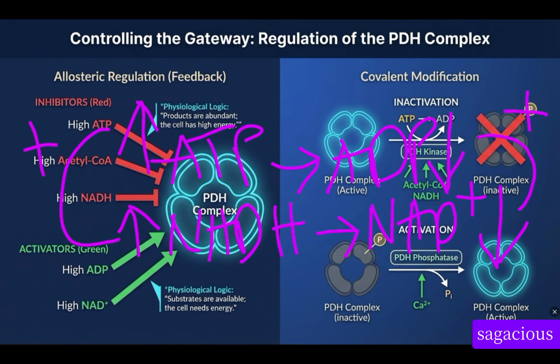When we have high ATP in your body, that means you have low ADP, which is adenosine diphosphate, and adenosine triphosphate is ATP.